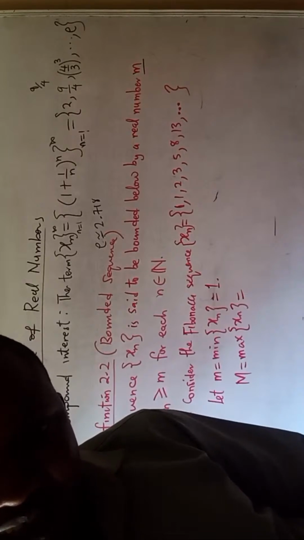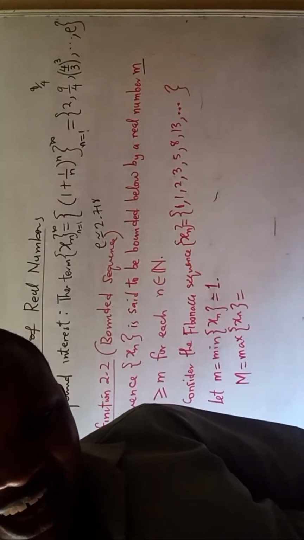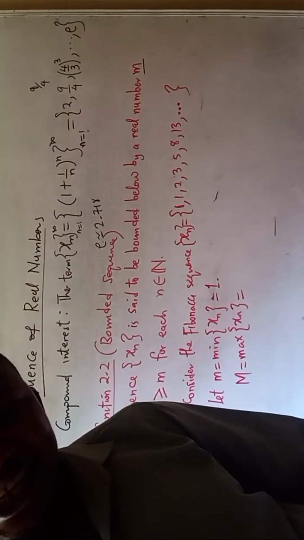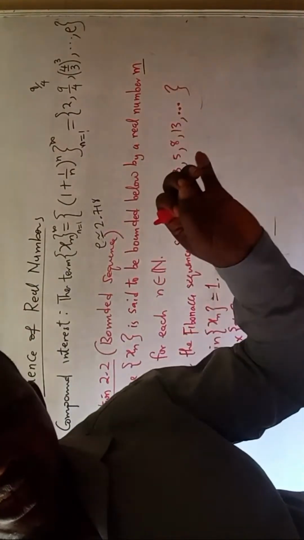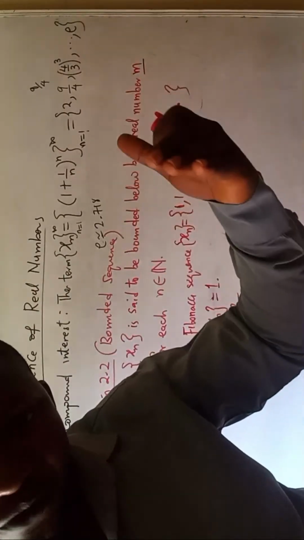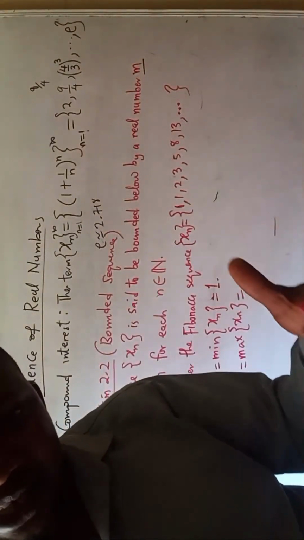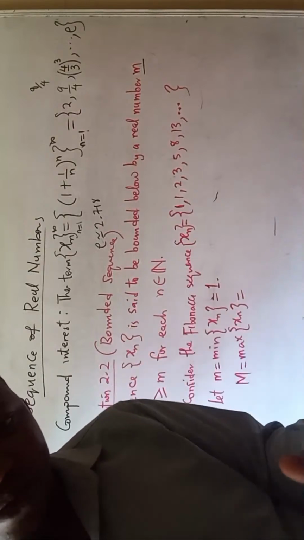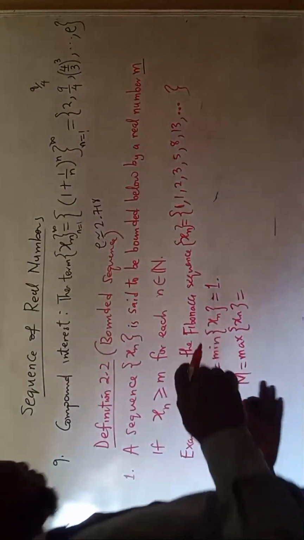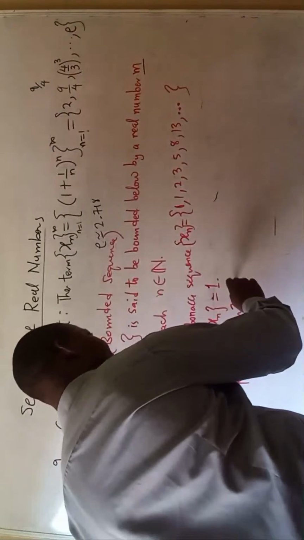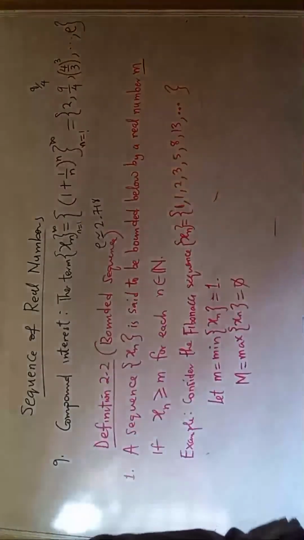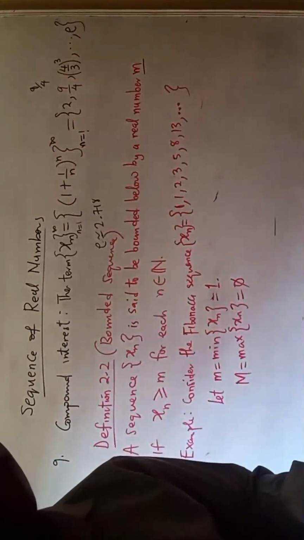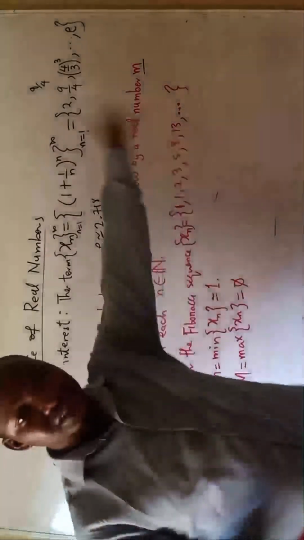Somebody says infinity. Yes, it goes to infinity, but since infinity is not part of the real numbers, as we have said in class, we say the maximum here is empty. It is because infinity is not part of the real numbers, but we know the sequence goes to infinity.